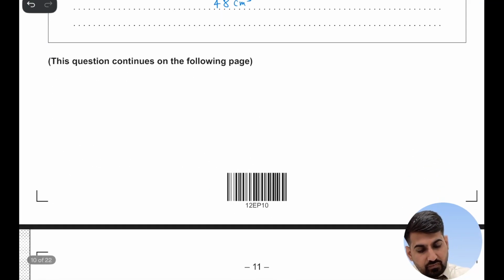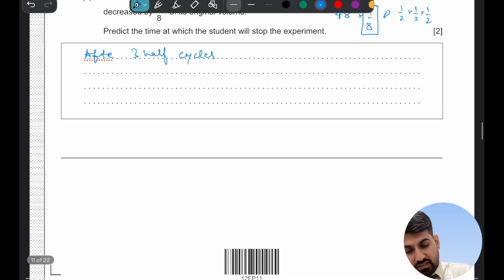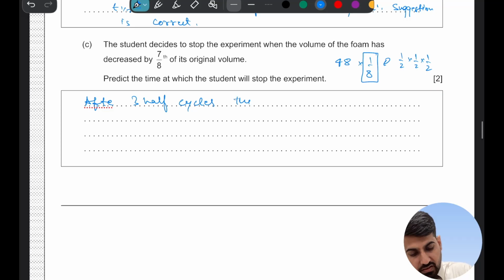So you will get an answer if you extend the values. Otherwise, we know how many half-lives. After three half cycles, the volume left will be 1/8, if it has decreased by 7/8. So I can simply say the time it takes will be 3 times the t half value.